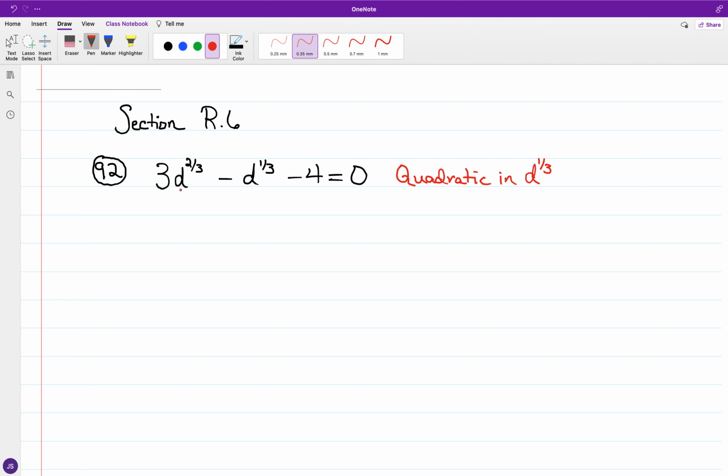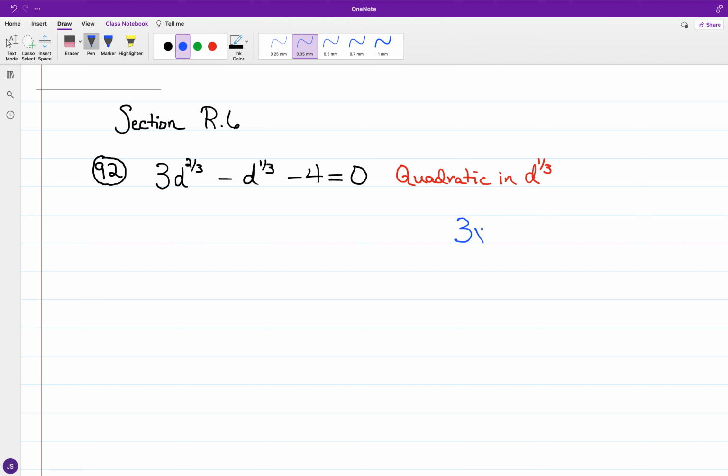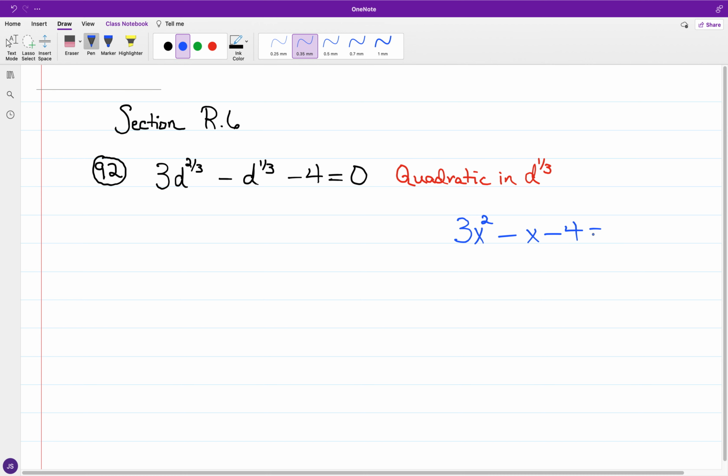where I have this term in d to the 2/3 to be factored in terms along the lines of d to the 1/3. And let me give you just a bit of a parallel. If you have a trinomial, 3x squared minus x minus 4 is equal to 0, you can factor this trinomial.